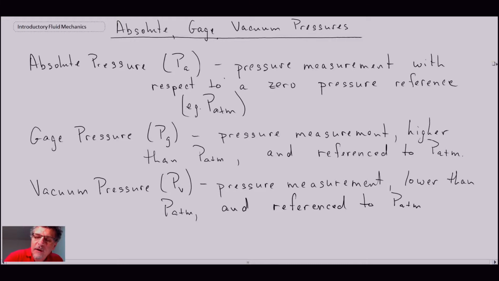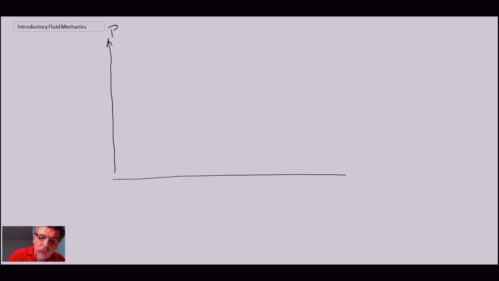So let's take a look at a plot of these, or a diagram showing the different pressures. What I'm going to plot on the vertical is going to be the pressure itself. And first of all, let's assume that our atmospheric pressure is here, and we'll call that absolute.